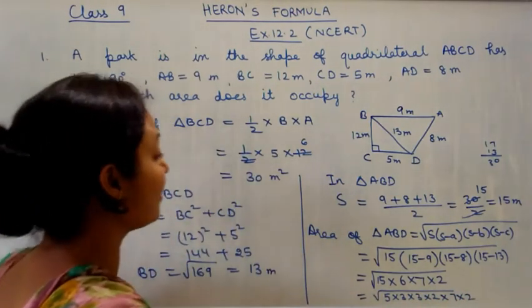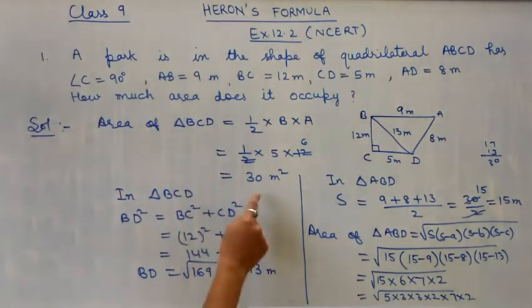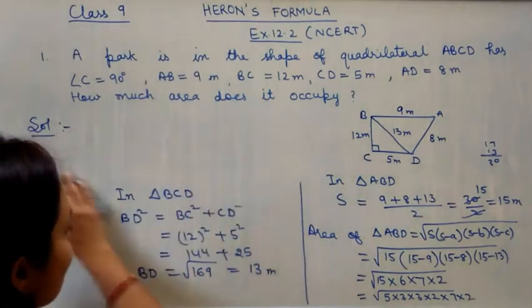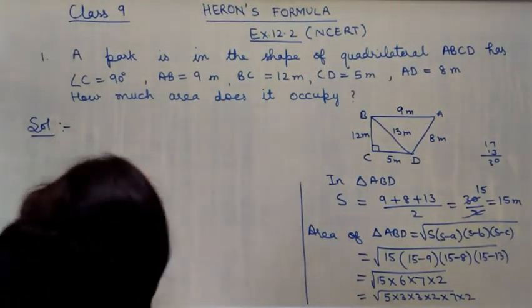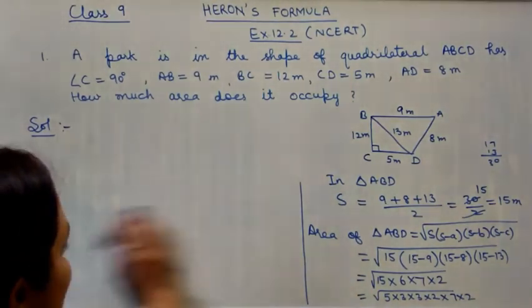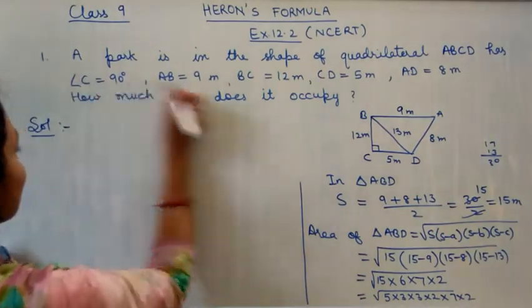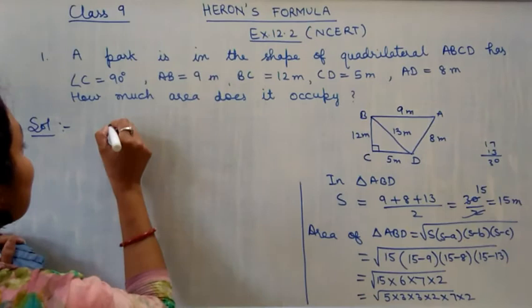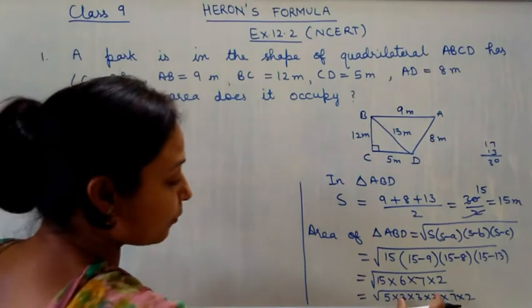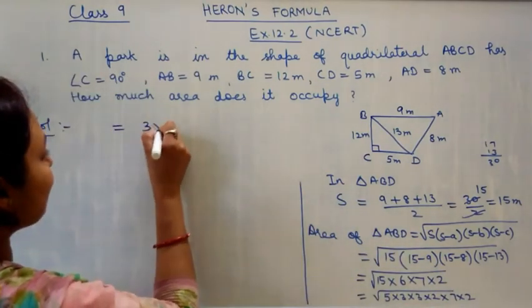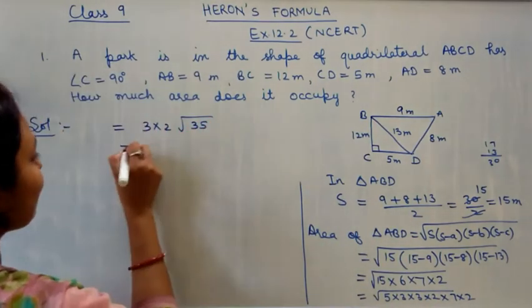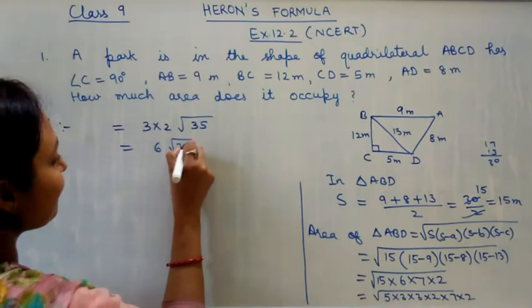The terms which are in pair I will take outside the root. After that, 5 and 7 remain in the root, and 3 and 2 come in pair and go outside the root. This is equal to 3 twos are 6 root 35 meter square.